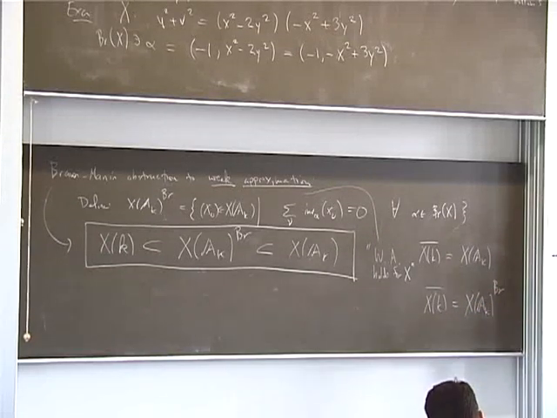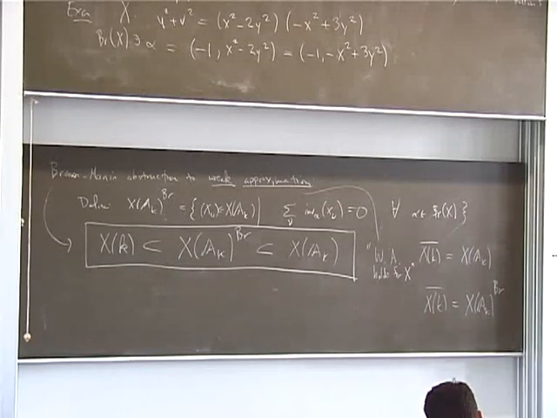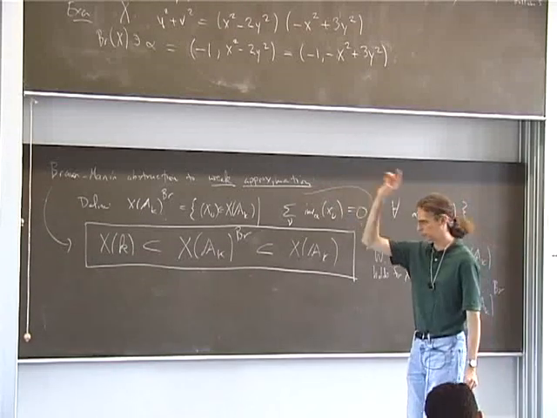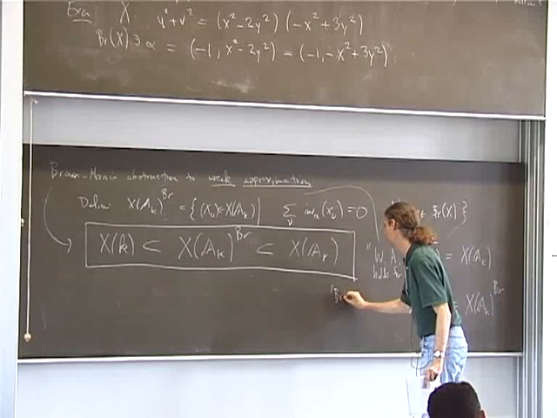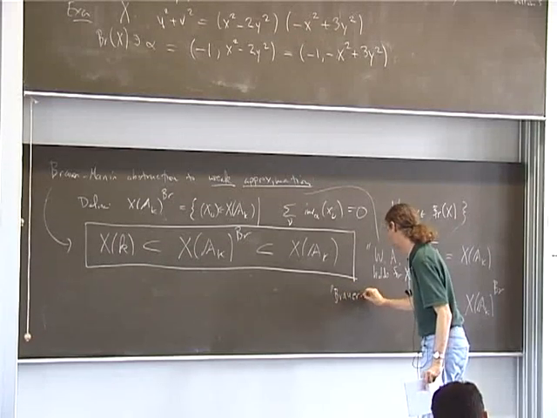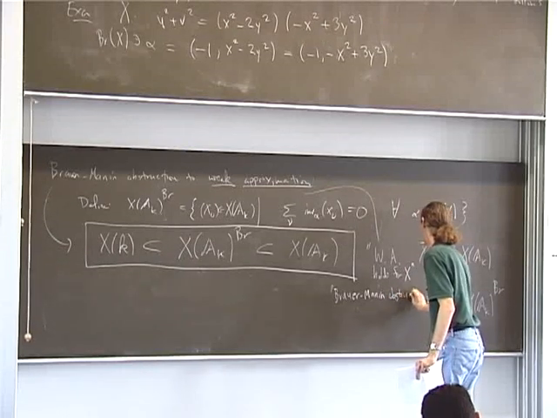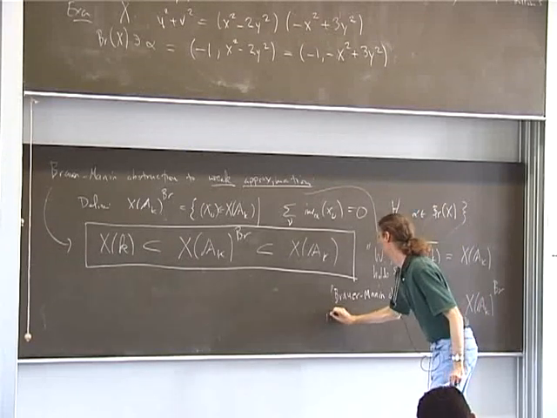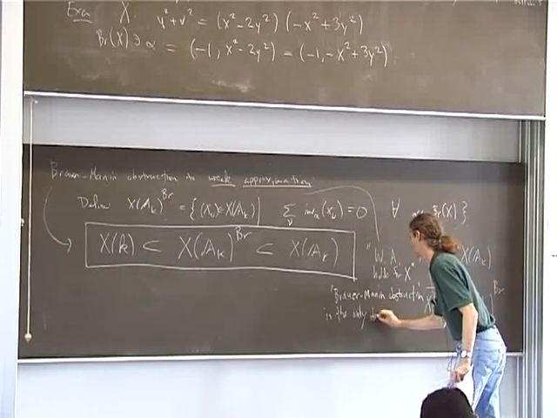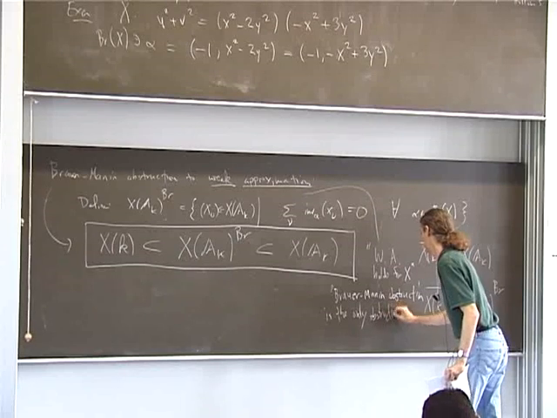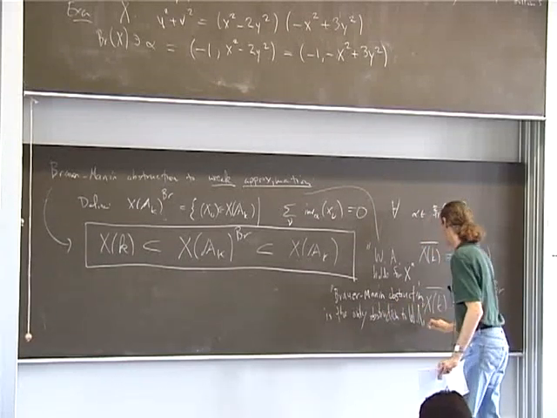That would be the statement that the Brauer-Manin obstruction is the only obstruction to weak approximation.